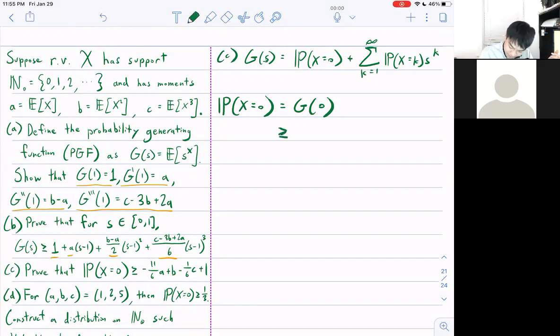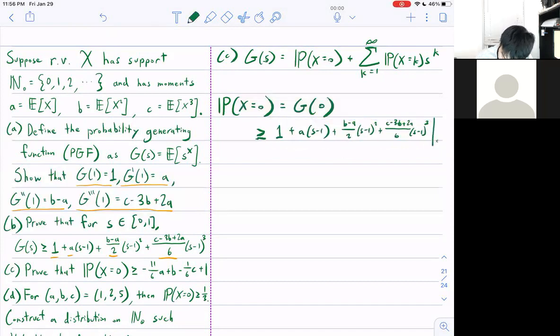So this is greater than or equal to simply 1 plus a times s minus 1, plus b minus a divided by 2 times s minus 1 squared, plus c minus 3b plus 2a divided by 6 times s minus 1 cubed. And then I'll bring this over so I have a little bit more room. Sorry, guys.